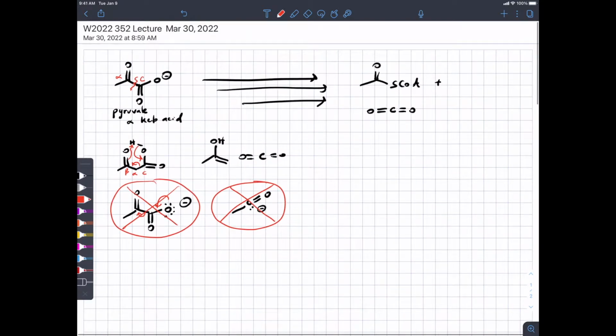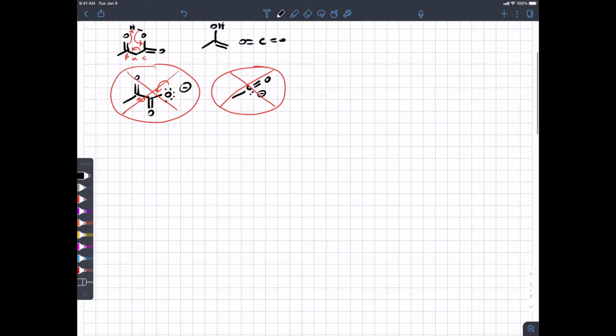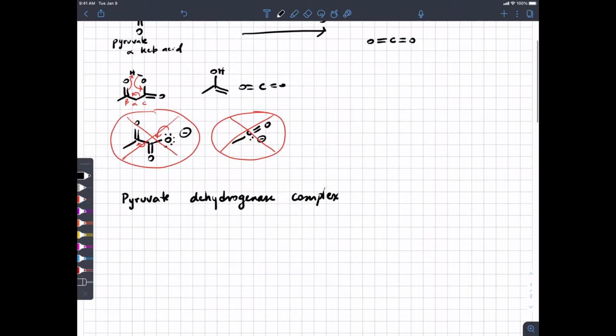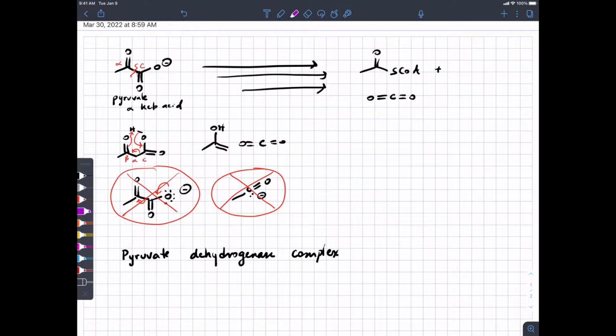And the strategy is going to involve a really interesting cofactor. So what we're going to talk about now is the pyruvate dehydrogenase complex. This is going to involve multiple steps and multiple enzymes. In the end, we will get rid of this carboxylate group as CO2, and we'll oxidize this ketone to a thioester.